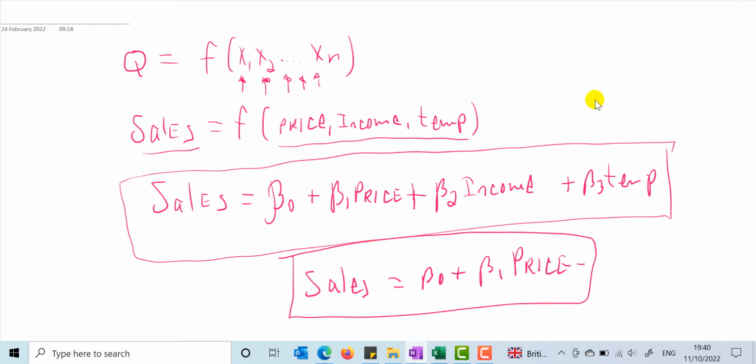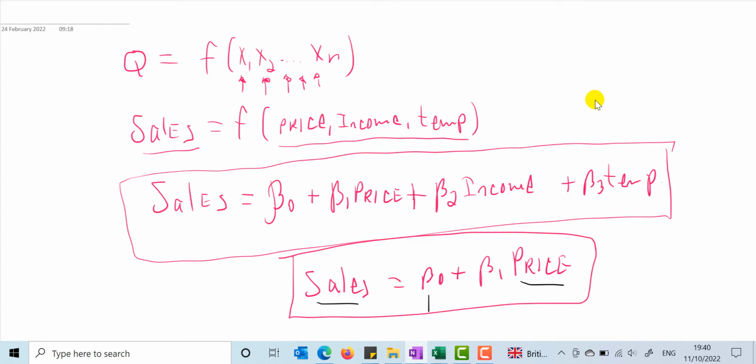So there's a random error term. I am skipping that, just ignoring it for the time being to simplify the analysis. So sales is given to us, price is given to us as variables, and then we have collected data there.